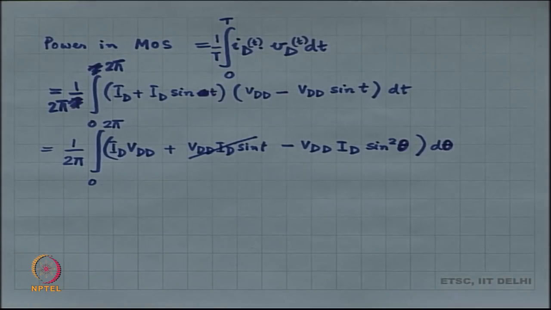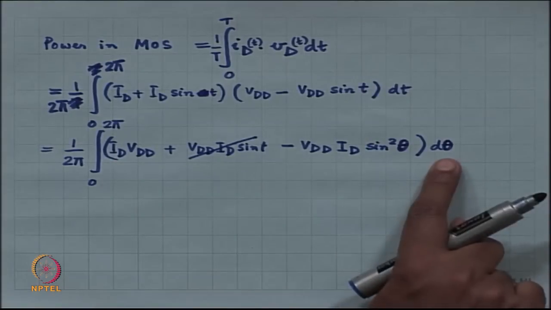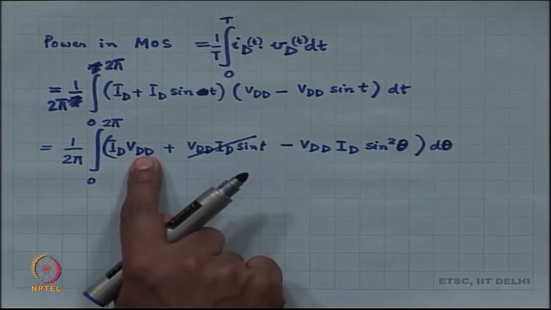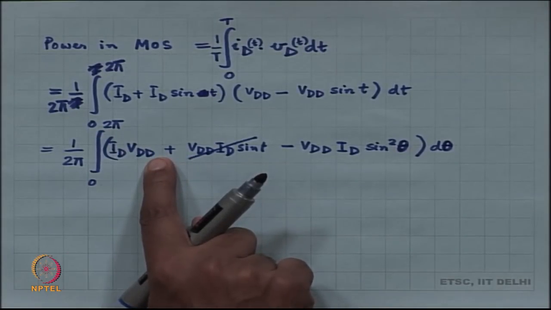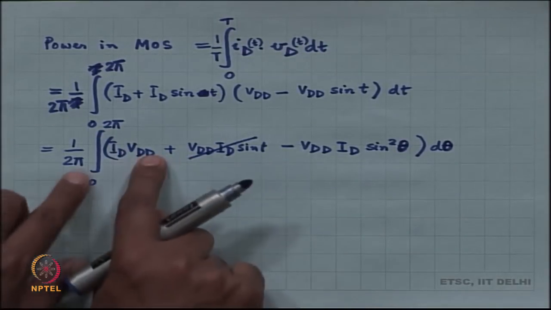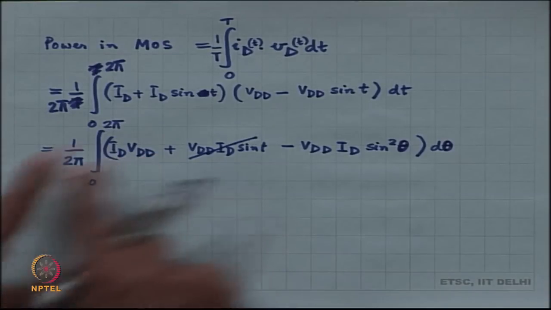Right. So, I_D times V_DD, integral of that, these are both constants, integral from 0 to 2 pi is just going to be 2 pi. And then when you divide it by 2 pi, it just comes out.